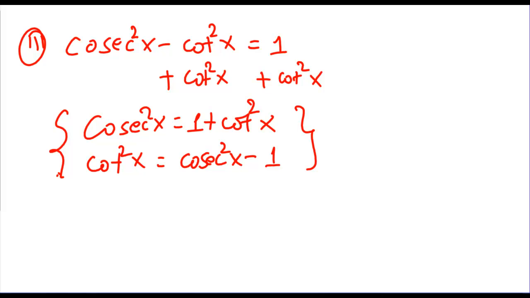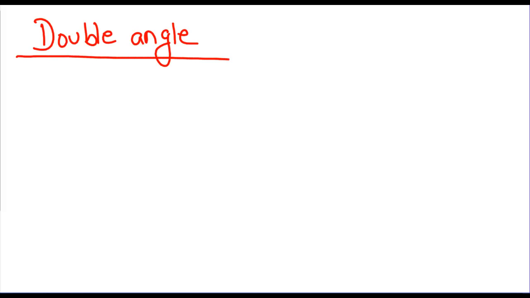Now, let's change the topic a little and let's look at some of the other commonly used trigonometric functions. The main one that I'm going to talk about here is the double angle. We use this a lot.